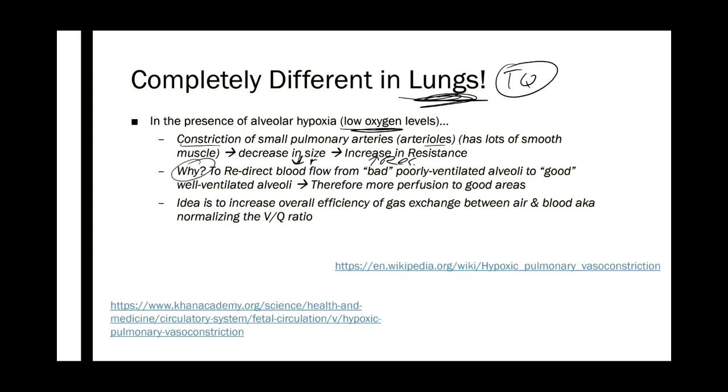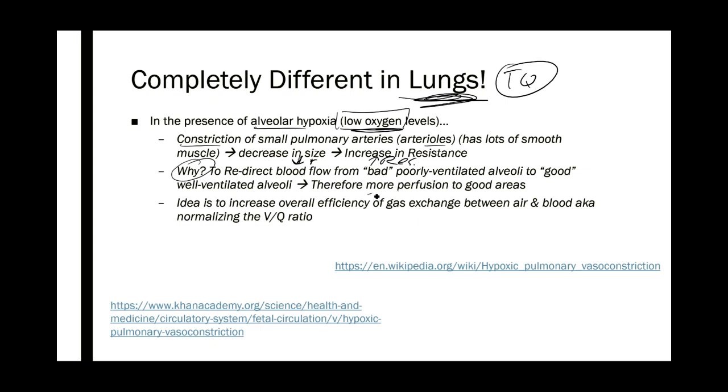Why? So the idea here is, this is just an intrinsic mechanism in our lungs. It's kind of smart. So the idea is to redirect blood flow from the bad alveoli that have low oxygen levels supplying them, to good, well-ventilated alveoli.